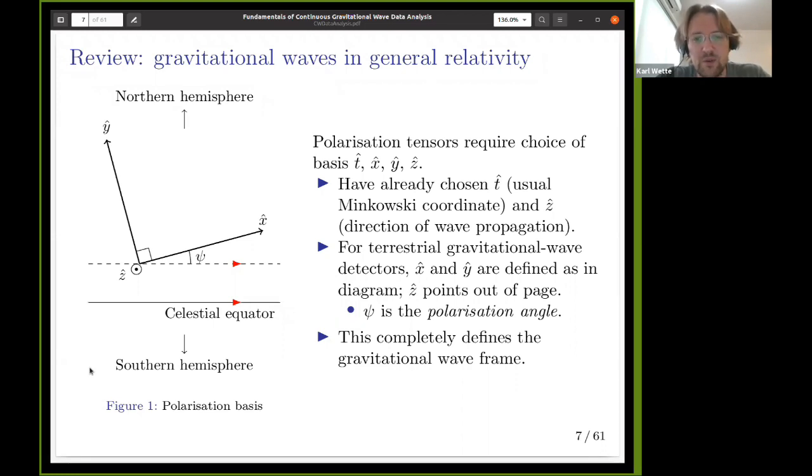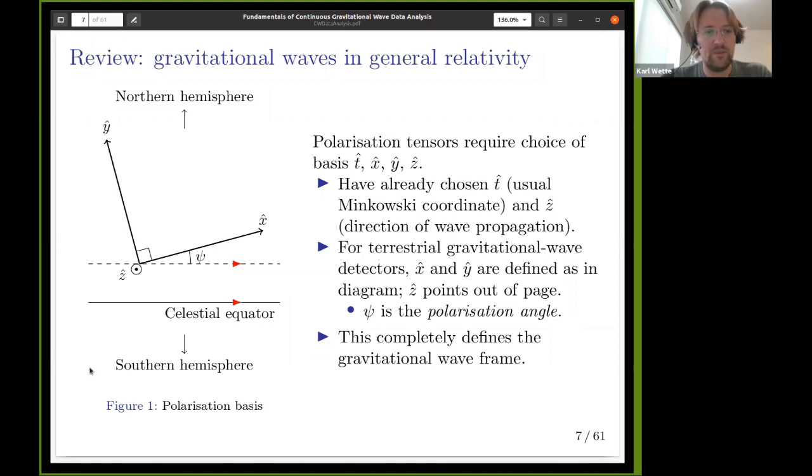For terrestrial gravitational wave detectors like LIGO, we have the convention outlined in the diagram on the left. The celestial equator is basically the equator of the Earth projected out into space. Let's say you have a gravitational wave coming from direction z, coming out of the page there.